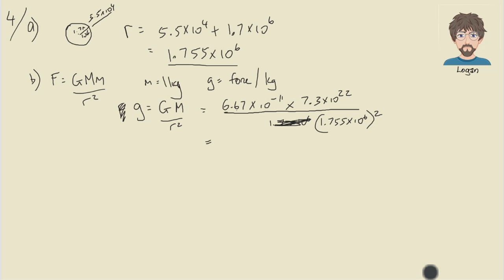And now another opportunity to use your calculator. 6.67 exponent negative 11 times 7.3 exponent 22.